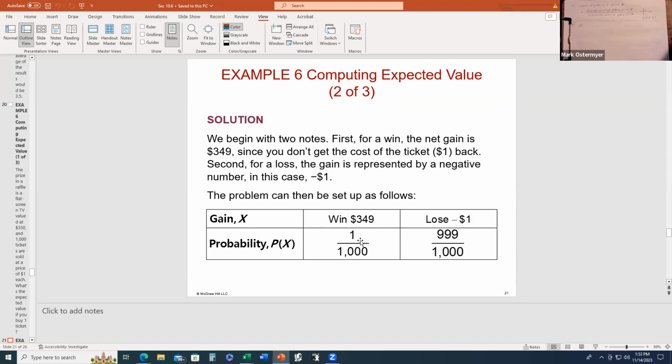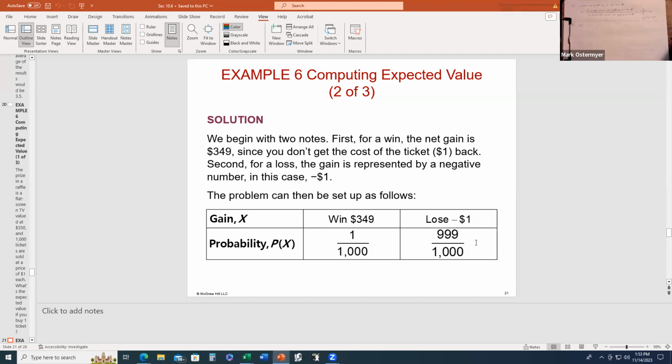The probability is 1 in 1,000. What's the probability of losing this game? That would be 1 minus 1 over 1,000, the complementary probability, which is 999 over 1,000. That's the probability that we lose the game when we buy one ticket.